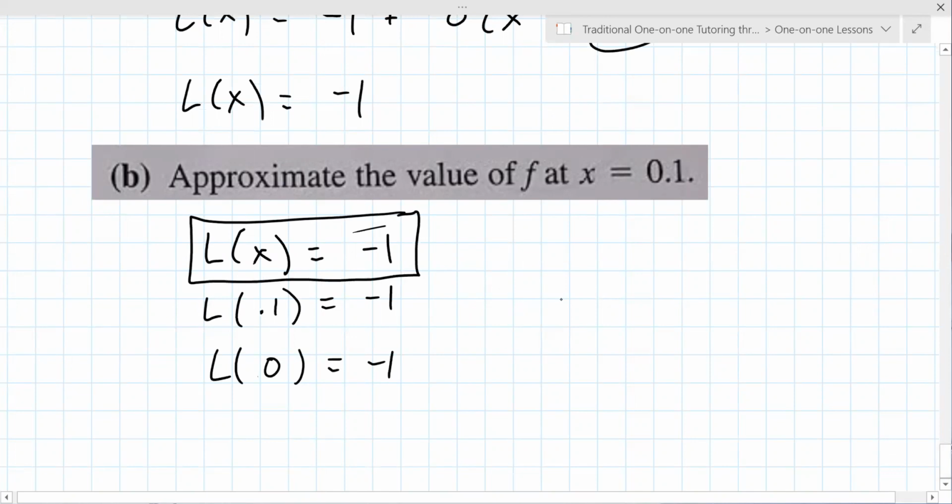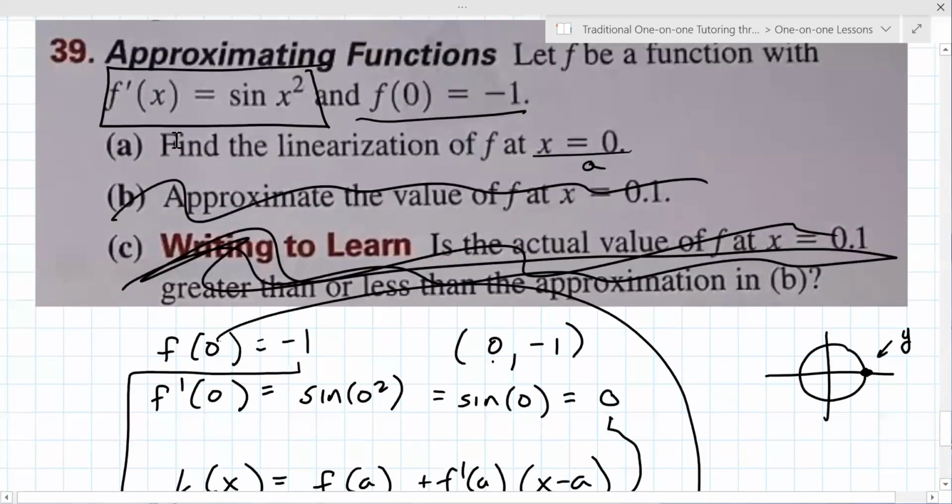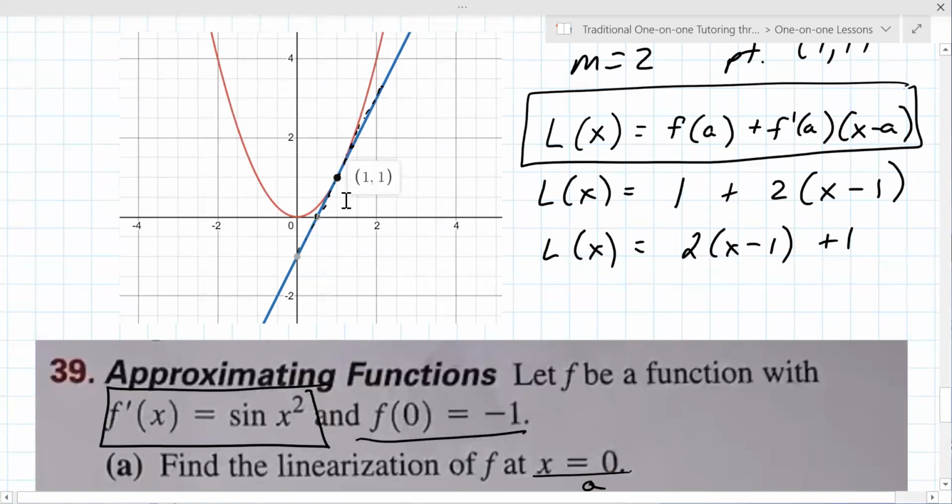Well, where did you get the -1 from? The previous line here. This is the linearization. Oh, so the linearization of any number will be -1 is what you're saying? For this particular thing that they're giving you, yes. Okay. But in the one that I gave you, see how the linearization is a line? Yeah. So let's say we wanted the linearization of 1.1 here in this one.